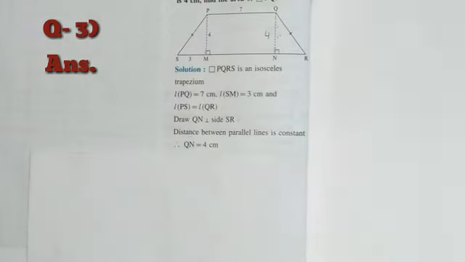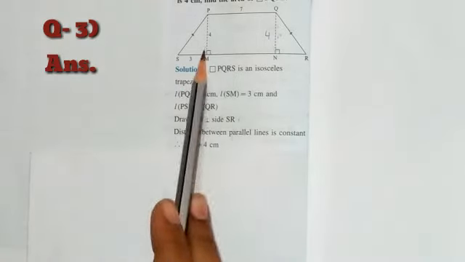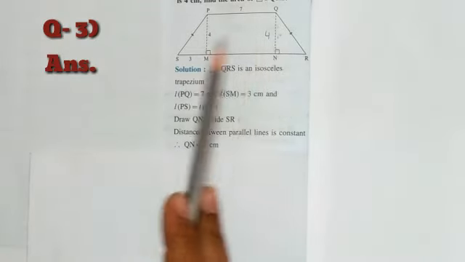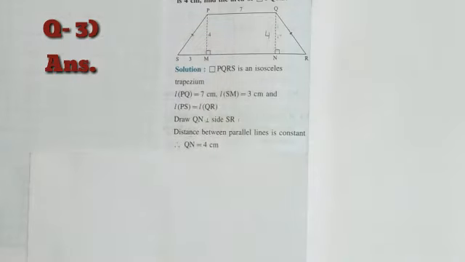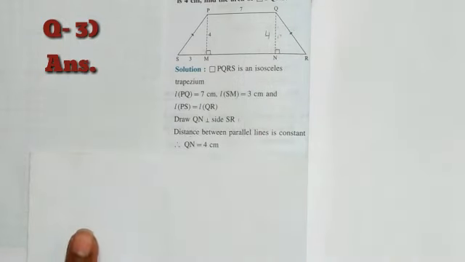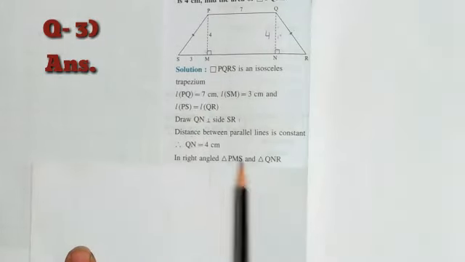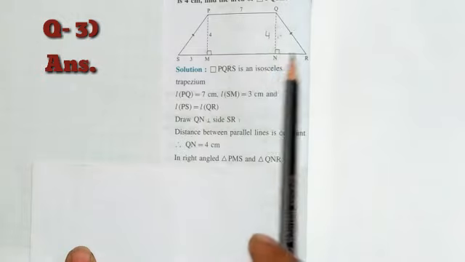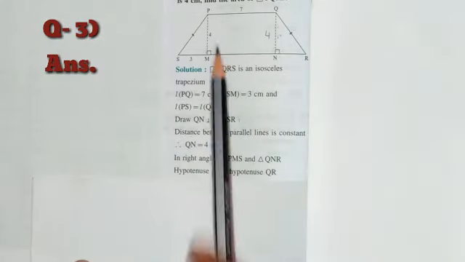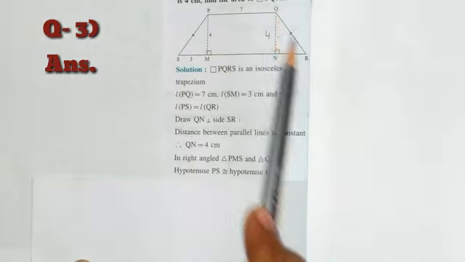Got it, students? Now here we got two different right angle triangles. So here we can use the concept of congruence of triangles. As we look inside these two triangles, we can see some similar points, that both are right angle triangles. So in right angle triangles PMS and QNR, the hypotenuse PS is congruent with the hypotenuse QR.